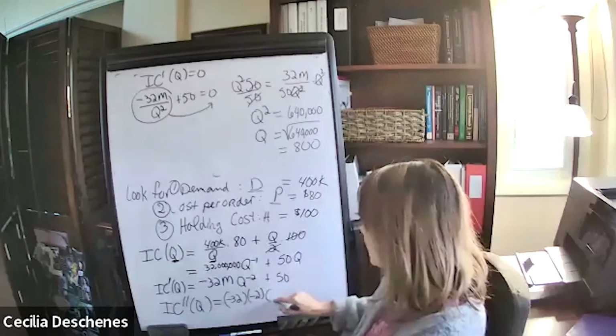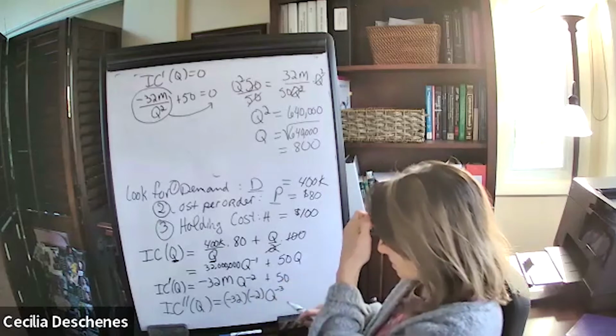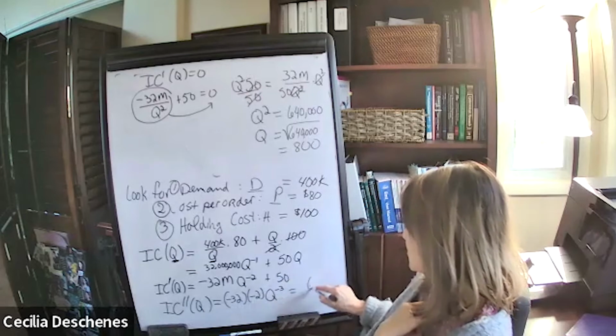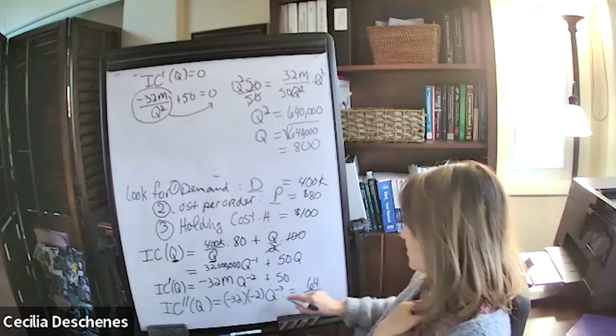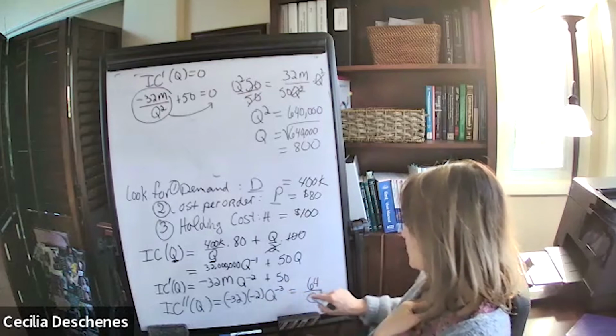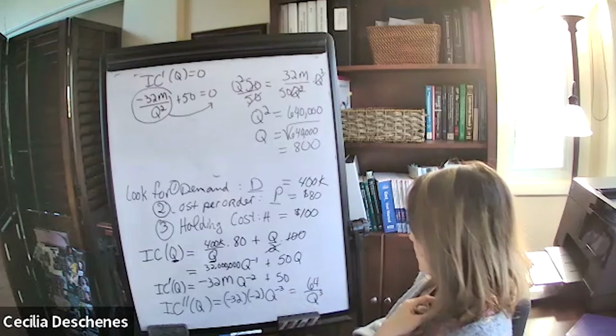Then we take one more exponent, make that a -3, and the 50 goes away. So what we're left with is minus 32 times -2, which is 64. And we're going to put this Q back down in the denominator by changing the exponent from negative to positive. So we have 64 over Q cubed.